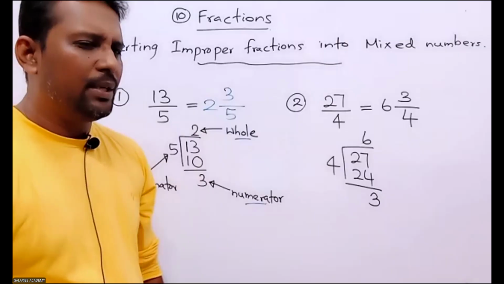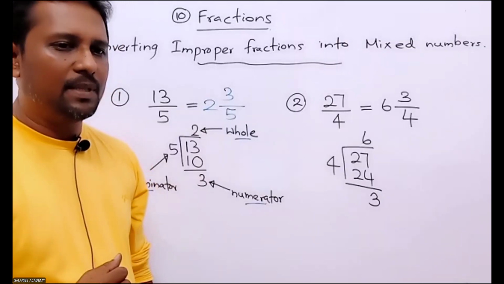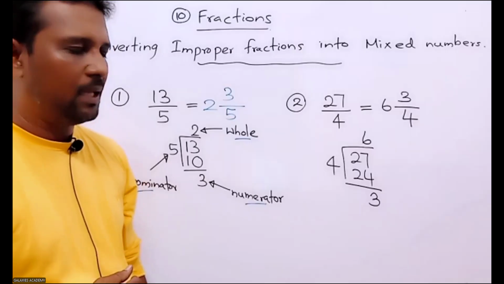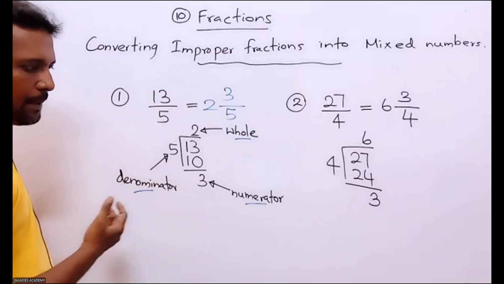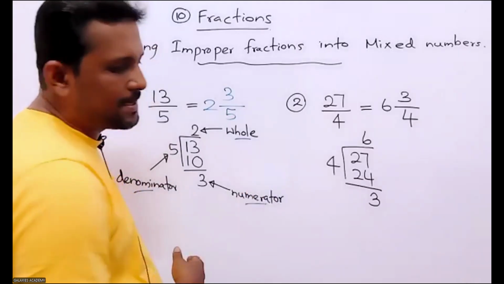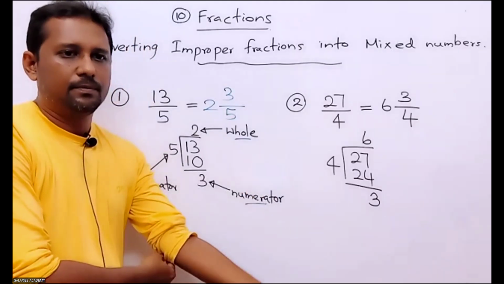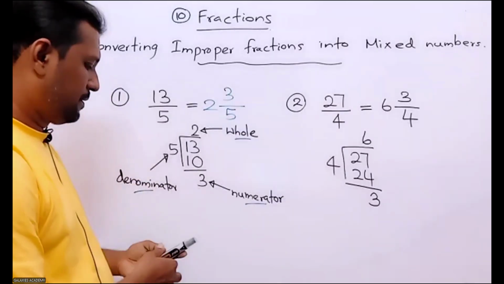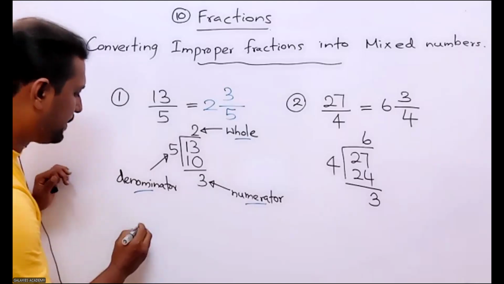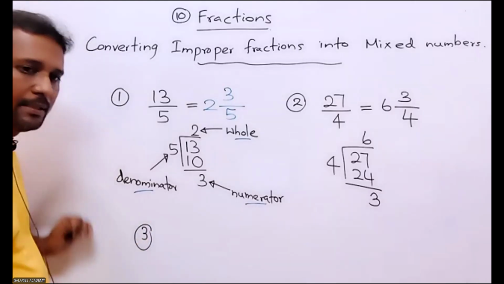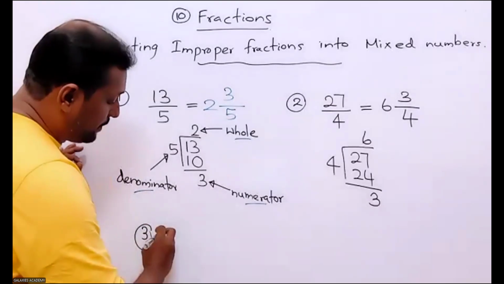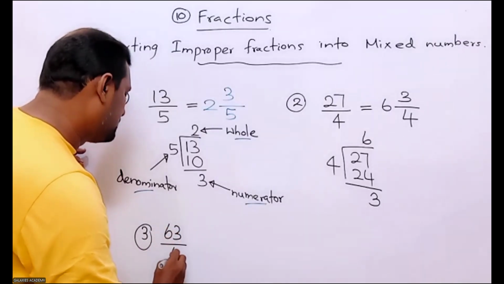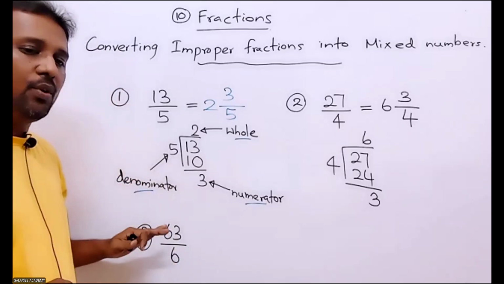Right. Now I will give 3 examples for you to do alone. I will give improper fractions. You convert them into mixed numbers. Third one, 63 over 6.